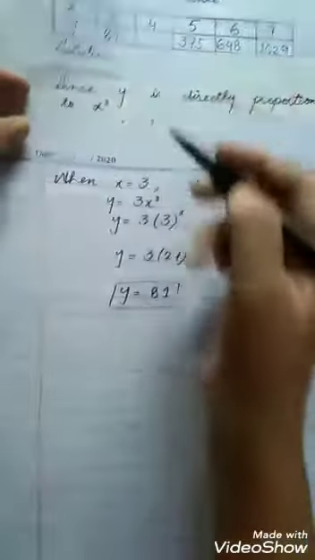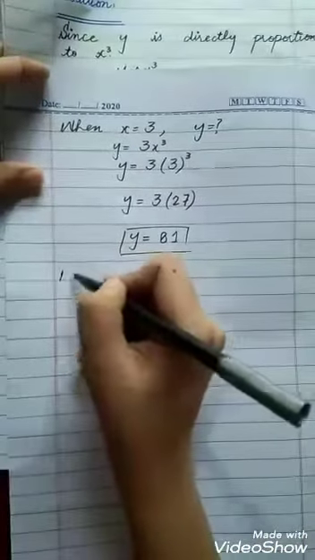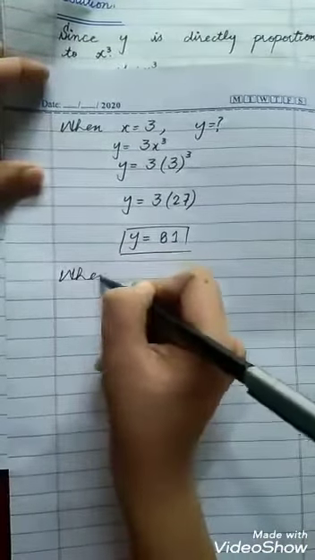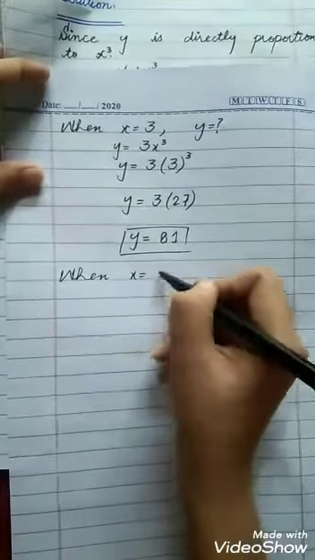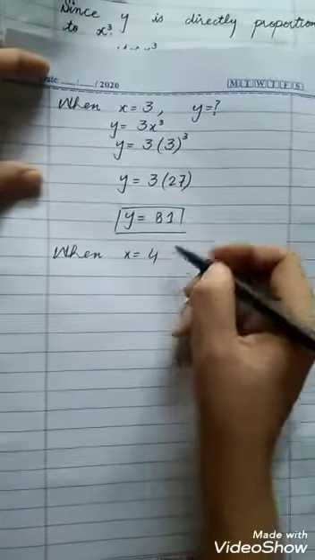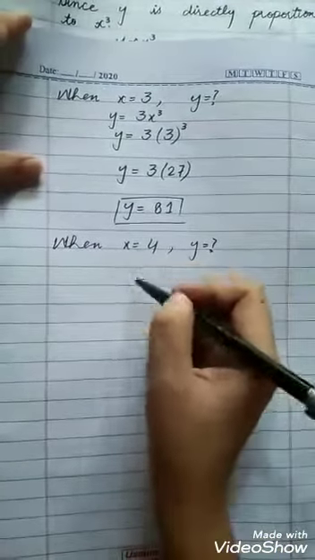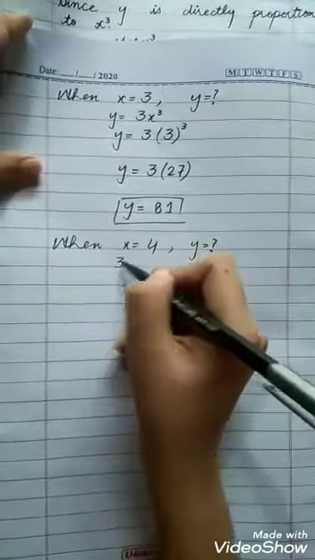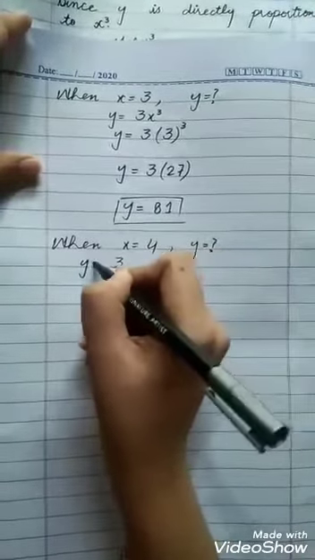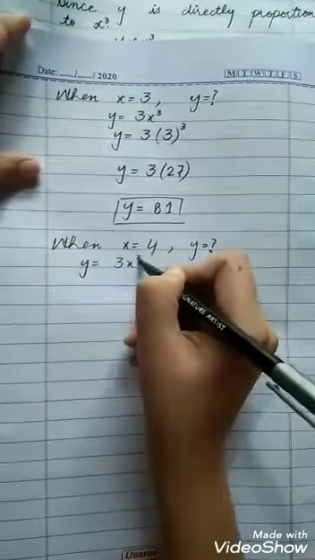Now x is equal to 4. When x is equal to 4, we have to find y. In the same equation we will place values. Y is equal to 3x cube.